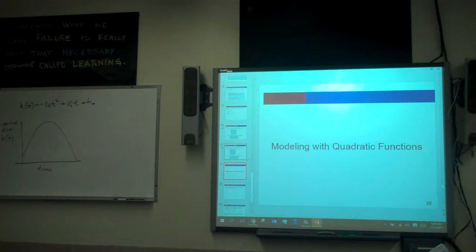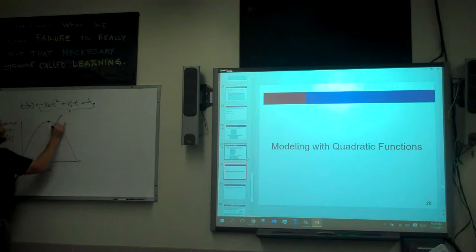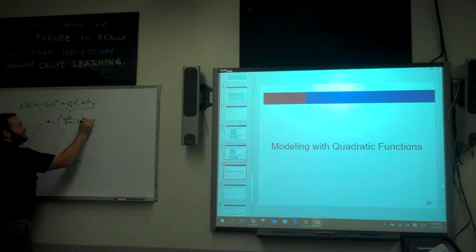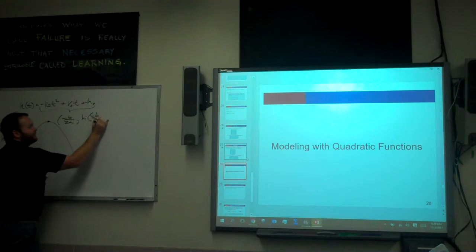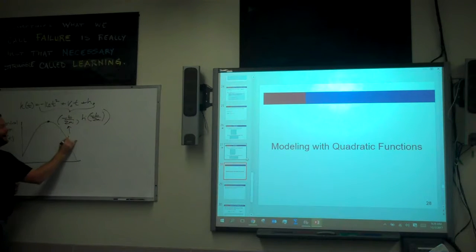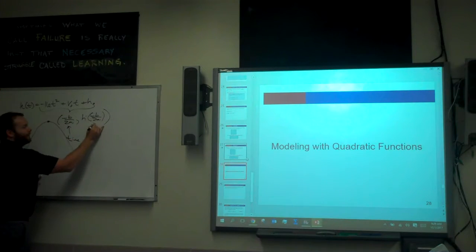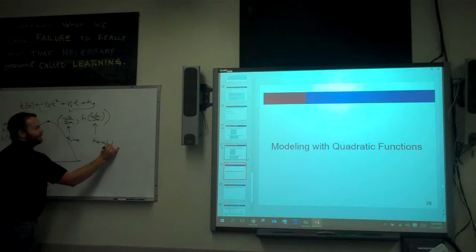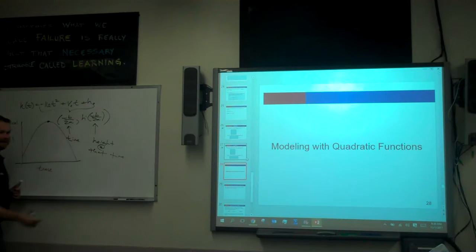What was the greatest height that object reached, and at what time did it reach that height? Well, knowing this function, I can find that vertex by taking the opposite of b over 2a and evaluating my function h at the opposite of b over 2a, and that gives me the time, and that would give me the height at that time. Does that kind of make sense?